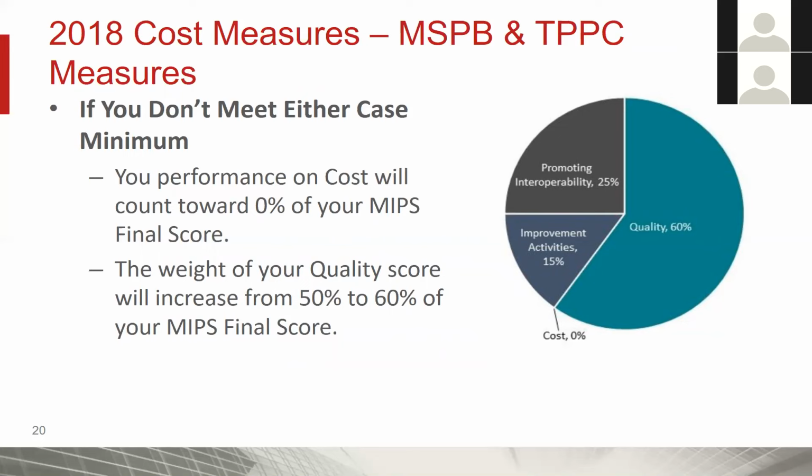So it's important to always keep in mind, quality is very important in addition to cost. And so please also focus on ensuring that you're paying attention to quality and doing as well as you can in the quality performance category as well. In the event you don't meet either of these case minimums for cost, your quality score will count for a bigger piece of the pie of your overall MIPS final score.